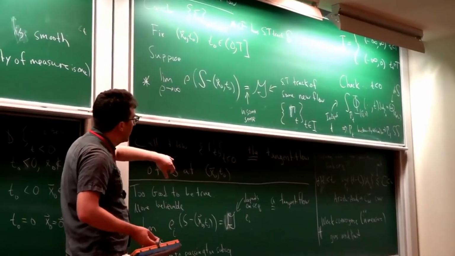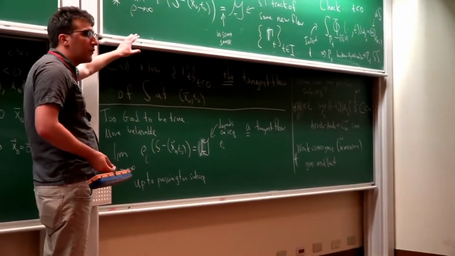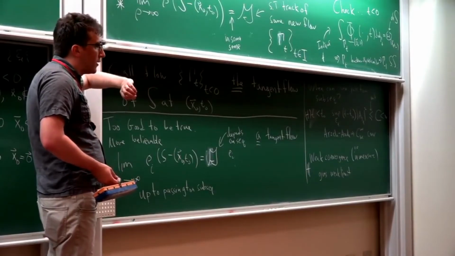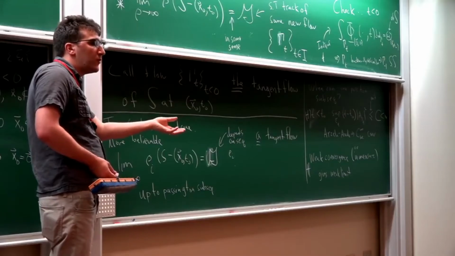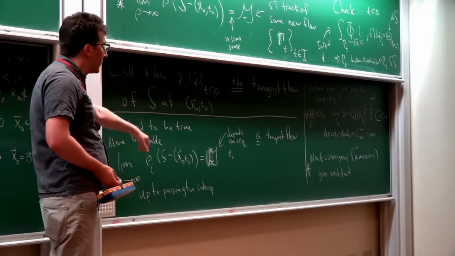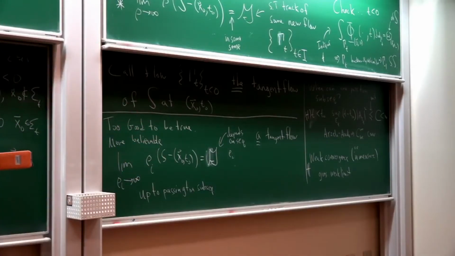There are examples for harmonic maps where there's a very similar uniqueness question, due to Brian White, where he constructs an example of a singular harmonic map into a smooth manifold, but the manifold is not real analytic, where there is non-uniqueness for the tangent harmonic map. So there definitely are examples where it's not unique in some geometric setting, but not, as far as I know, in the mean curvature flow.